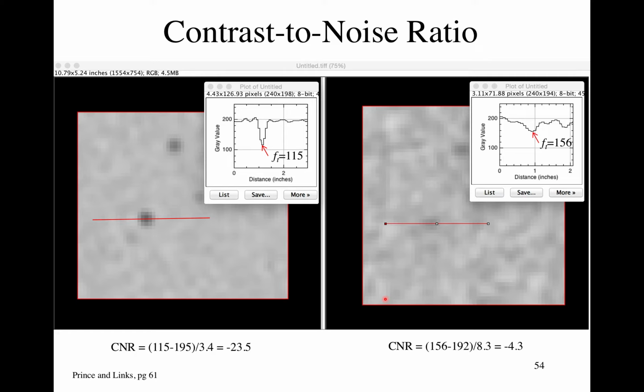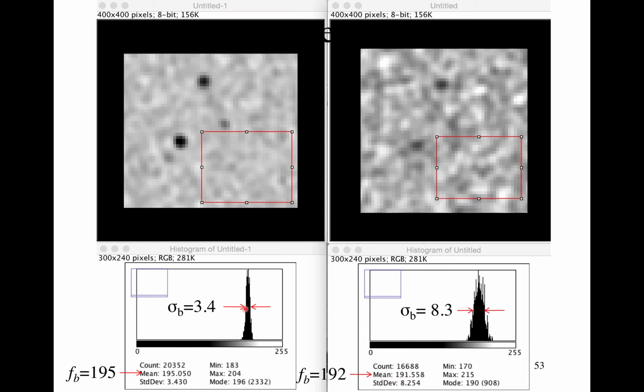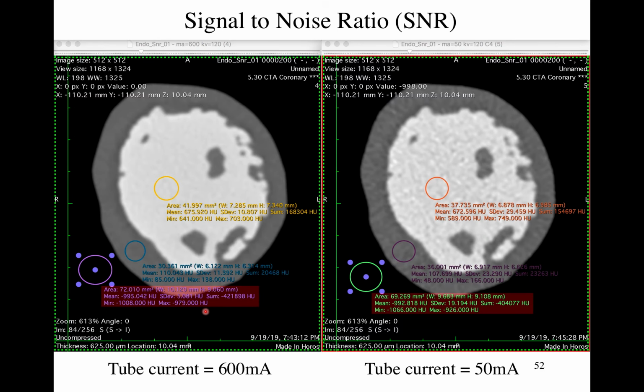Now let's define the contrast to noise ratio, the local contrast to noise ratio. This isn't that definition of local contrast we were looking at previously. This is the contrast to noise ratio between this target signal and the background. We measured on the previous slide that the background RMS, root mean square deviation, or sigma, is 3.4.